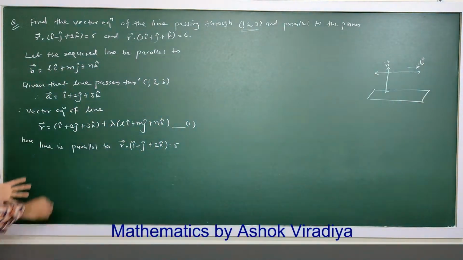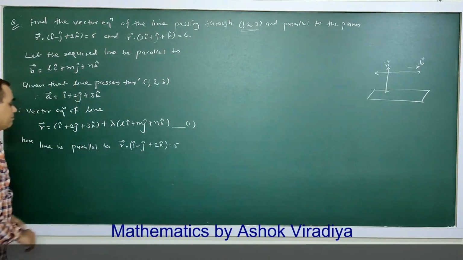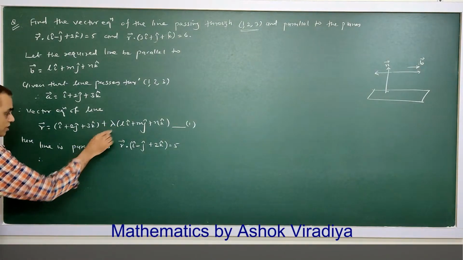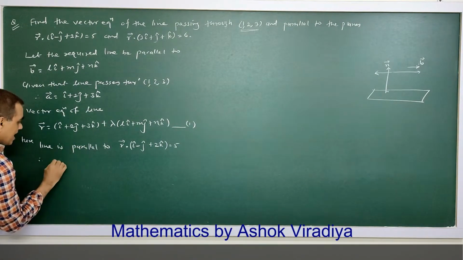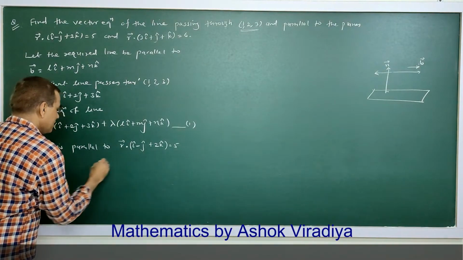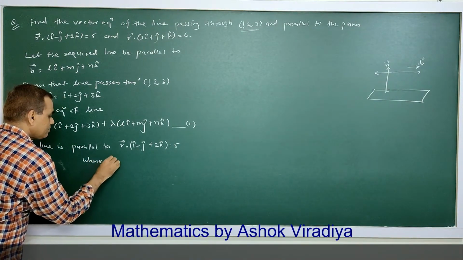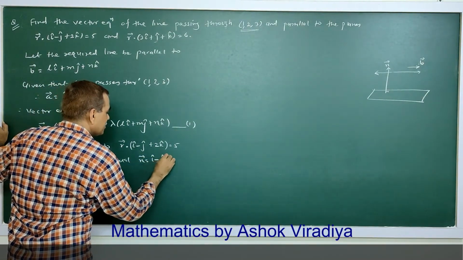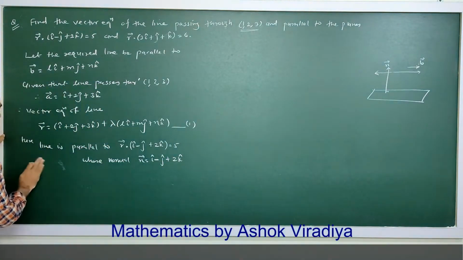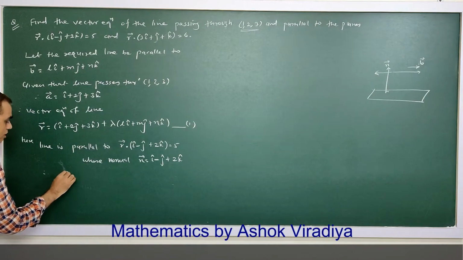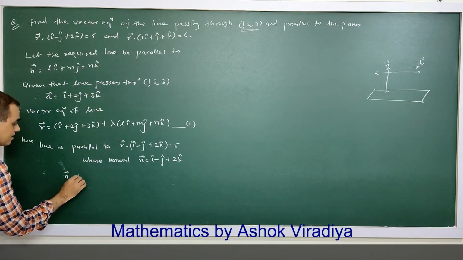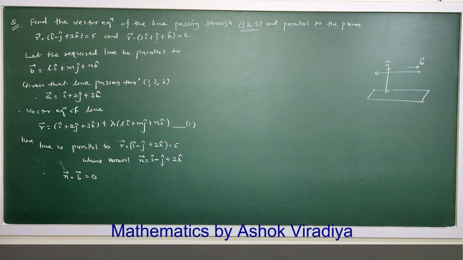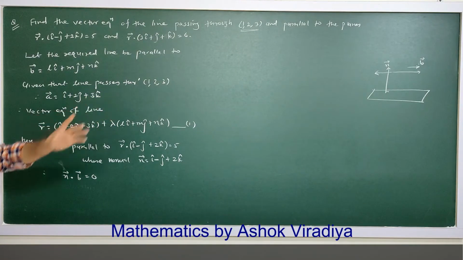So therefore, because this is parallel to this plane, the dot product of n, which is the normal to this plane, whose normal is i minus j plus 2k. So therefore the dot product of the normal and the vector parallel to the line will be 0. Here I have explained in the diagram.